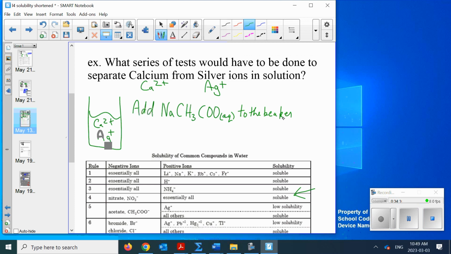The acetate will combine with the silver here, so what forms? We have AgCH3COO solid.